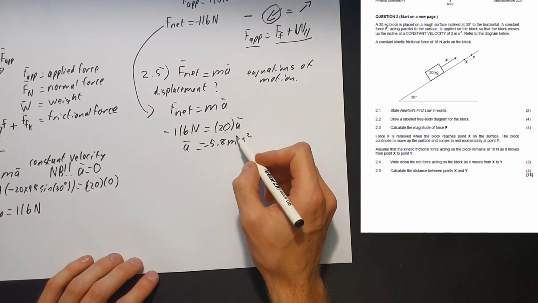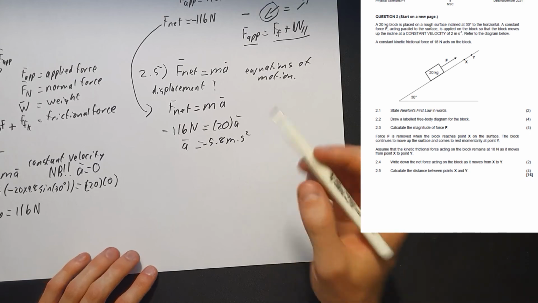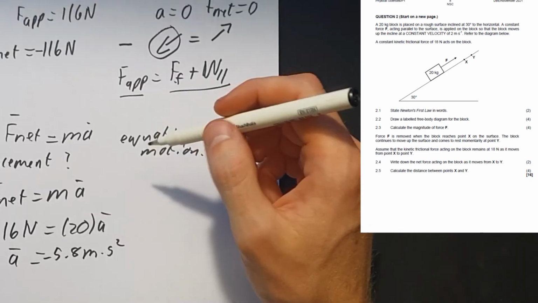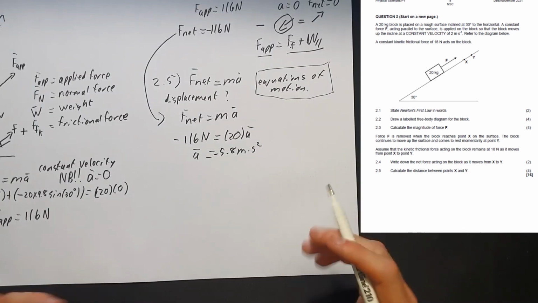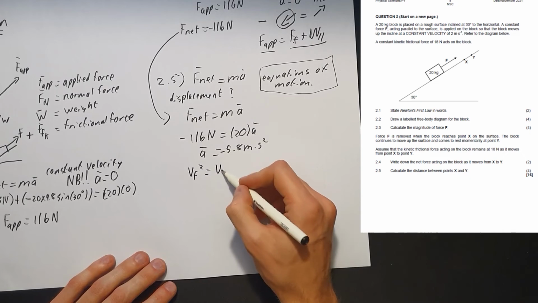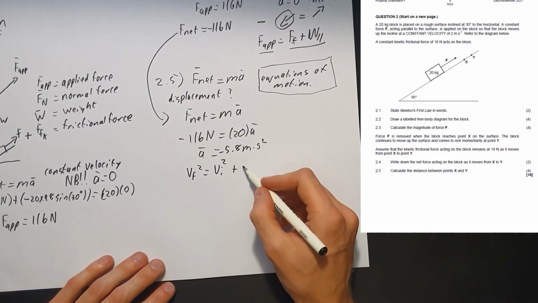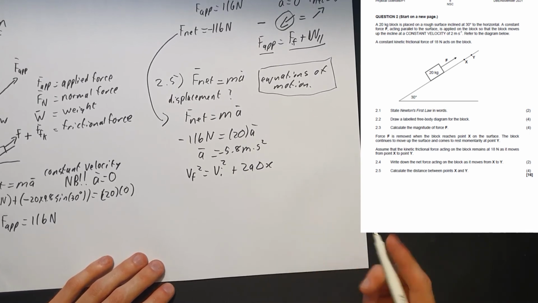Now that we have the negative acceleration, we can calculate the displacement. Okay, but just because we're using Newton's laws doesn't mean we get to forget about equations of motion. The simplest one to use is v final squared equals v initial squared plus 2a delta x. Now we just plug everything in.